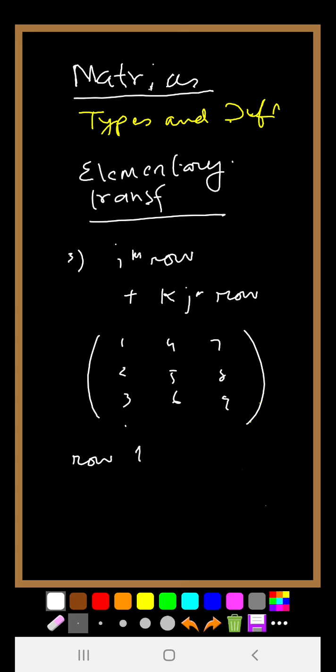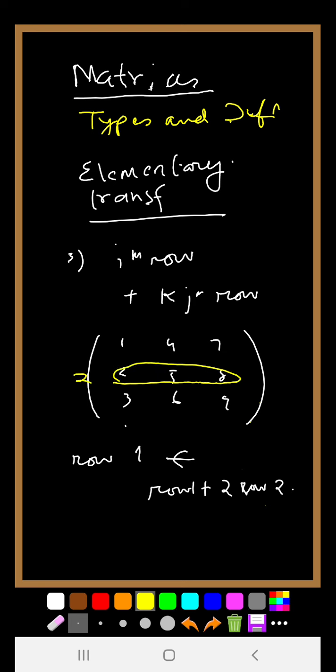Row 1 is being replaced by row 1 plus 2 into row 2. So we multiply each and every element of this row 2 by scalar 2. So instead of 2, 5, 8, it will be 4, 10 and 16.